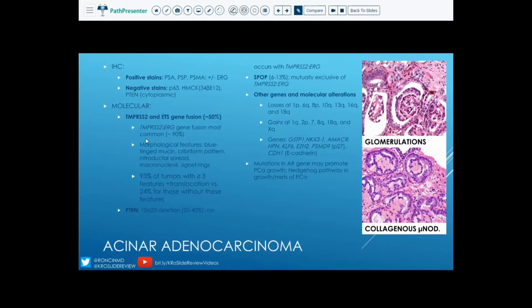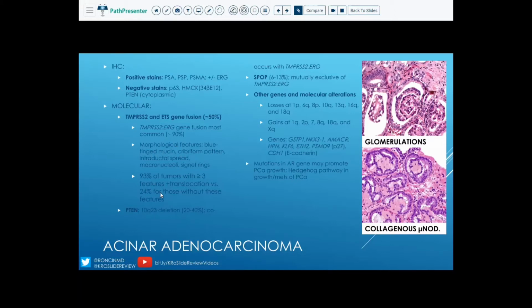The mutation to know is the TMPRSS2-ERG gene fusion. This is found in about 50% of prostate cancers, which will have fusions with the ETS gene family, and almost all of those will be ERG specifically. The features typically associated with this fusion include blue-tinged intraluminal mucin, cribriform patterns, intraductal spread, micronucleoli, as well as signet ring formation.